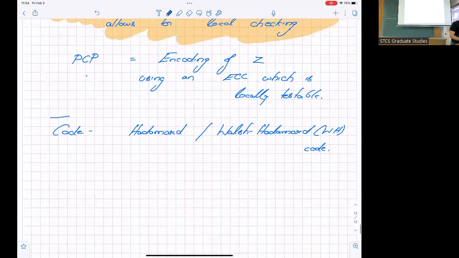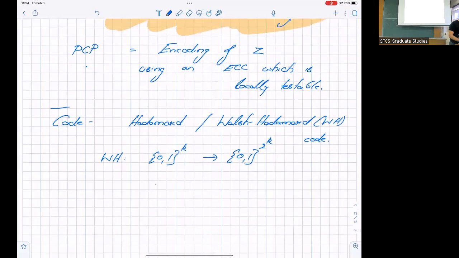The code is very natural. Walsh-Hadamard encoding takes a k-bit string and encodes it by a 2 to the k-bit string. And what does the code do?